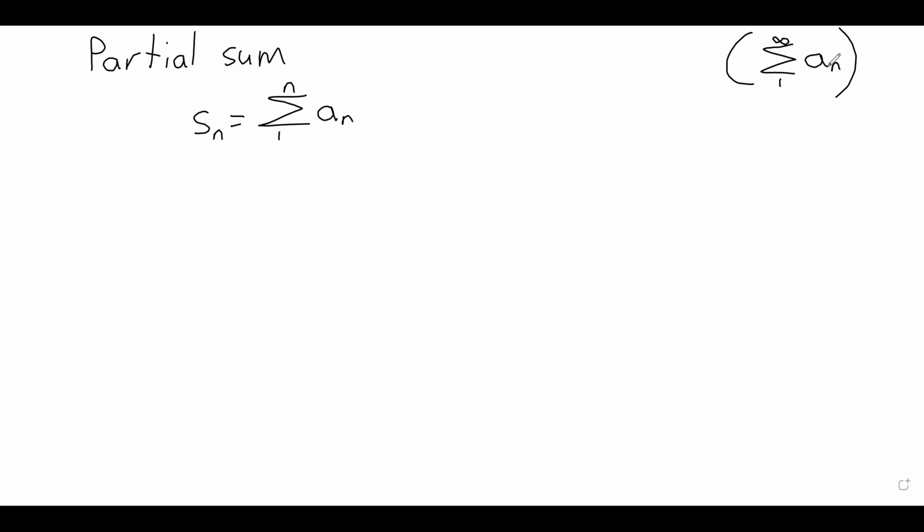So the nth partial sum, it's written like that, as an S with an n in the subscript, is the finite sum from k equals 1 to n of a sub k. I better not use n multiple ways.